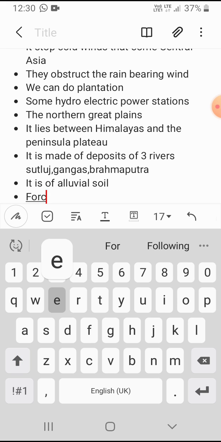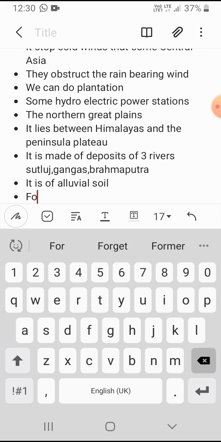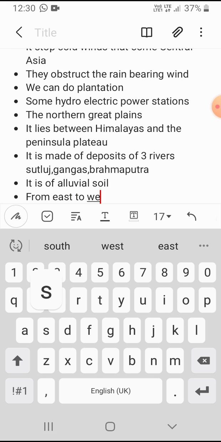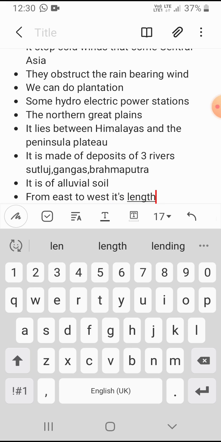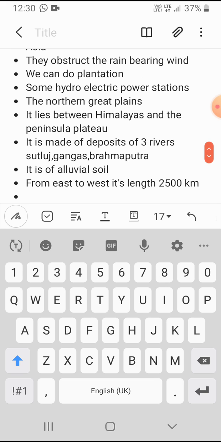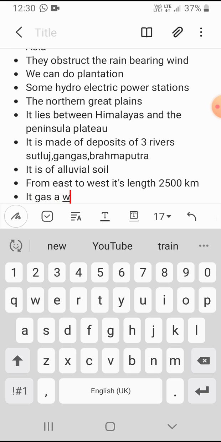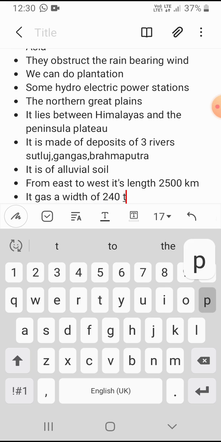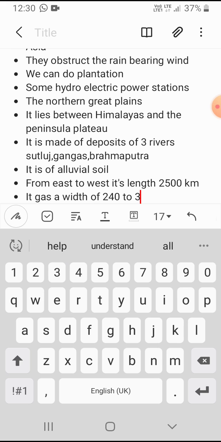From east to west, its length is 2500 kilometers, and it has a width of 242 to 340 kilometers.